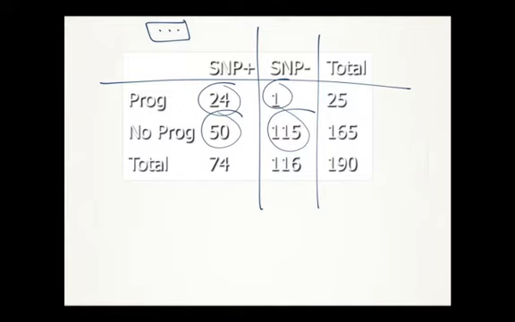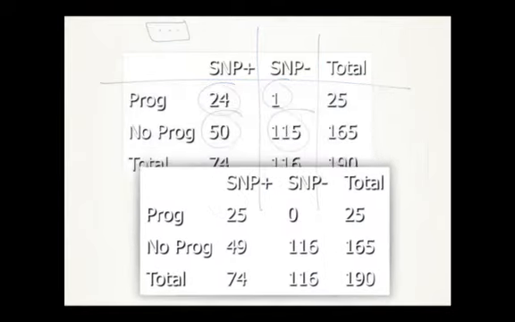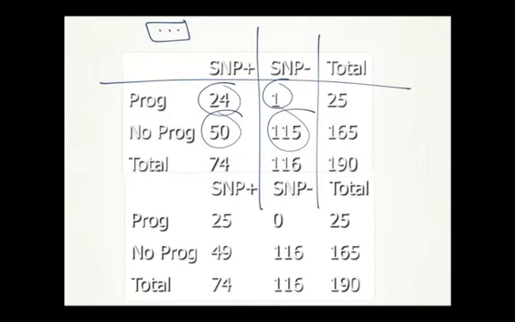And then finally, if we just keep going, the most extreme table would look like this. So all 25 people who progressed in this table were SNP positive, right? So this is a very extreme example, and if we were to do a chi-square test here, we would note a difference, or a Fisher's exact test.